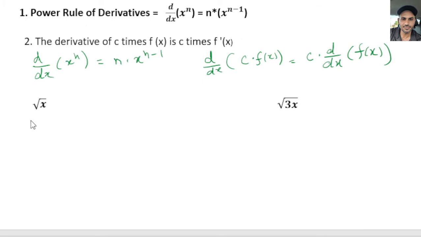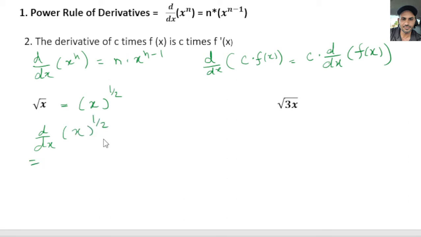Okay, so these are the two properties we are going to use in this video. So we have the square root of x. I'm going to simplify this first. Square root means that the exponent is 1/2, so I'm going to write it as x raised to the 1/2 power. Now I'm going to take the derivative of this, d over dx of x to the 1/2.